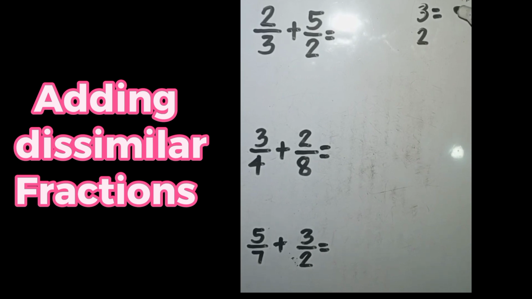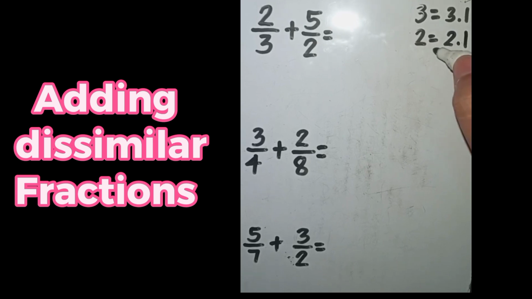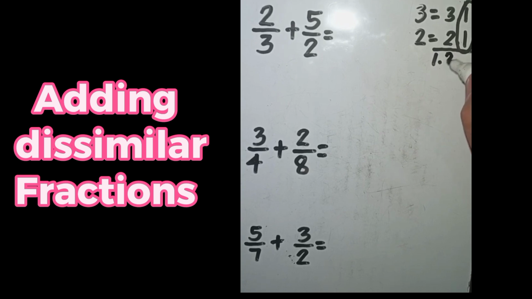The factors of 3 are 3 times 1. The factors of 2, 2 times 1. Then we just have to take one of the factors which are common, so 1, then times the remaining factors 2 times 3.